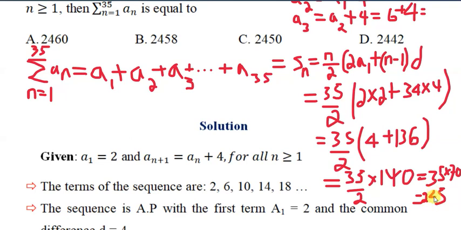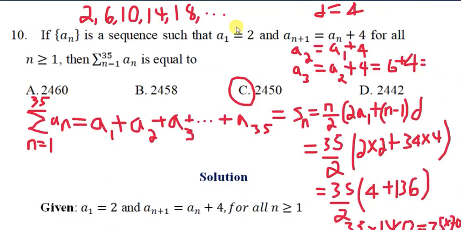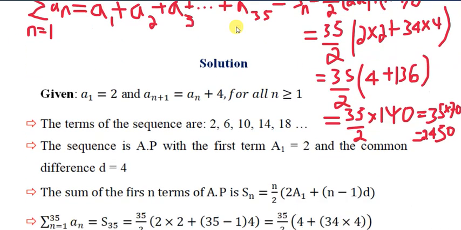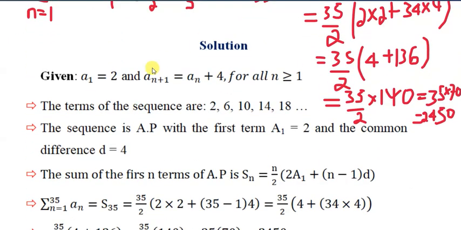Write 24, 245, and then simply attach this 0 here. 2450 is going to be the sum of this sequence, and therefore our answer is the one in choice C. This is our answer. Now let us see the previously done example.